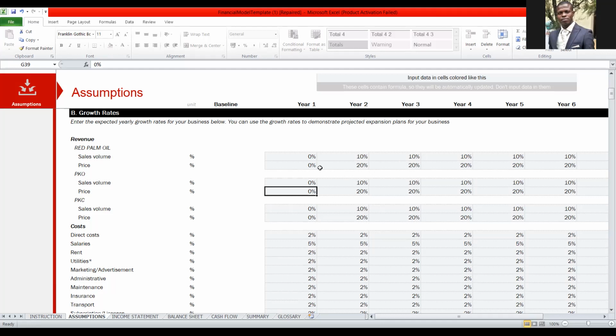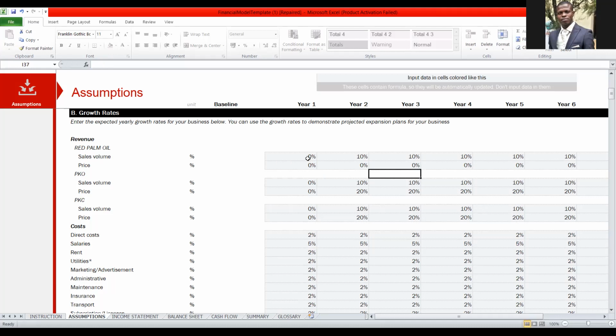Let's assume that we are leaving the price rate constant, that we are not increasing our price throughout the first 3 or 4 years. So this is just an assumption, which might not be realistic. You know, there's tendency that price might increase or it might be reduced. So let's leave it this way.